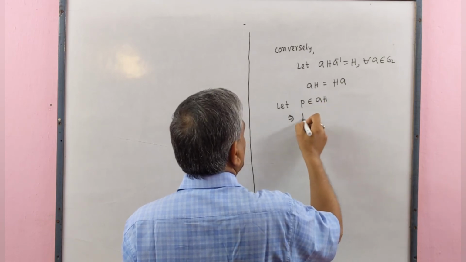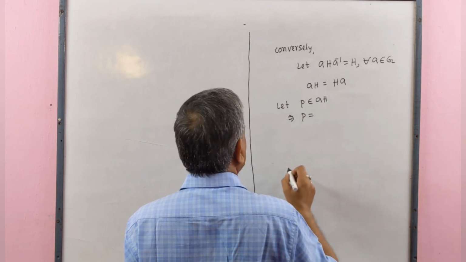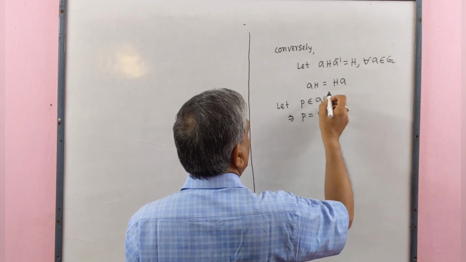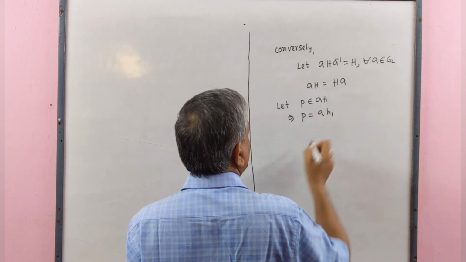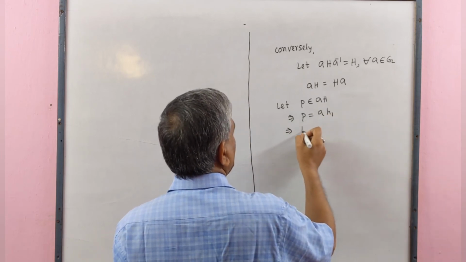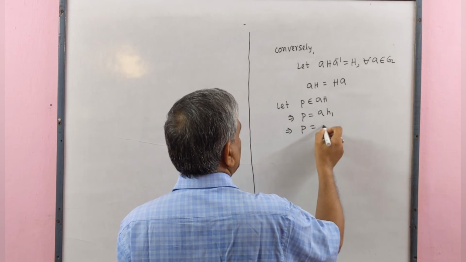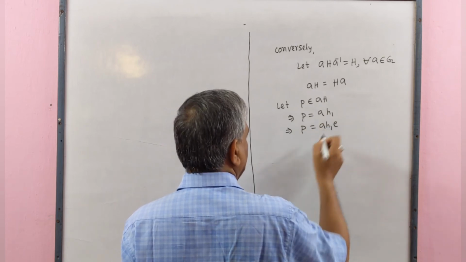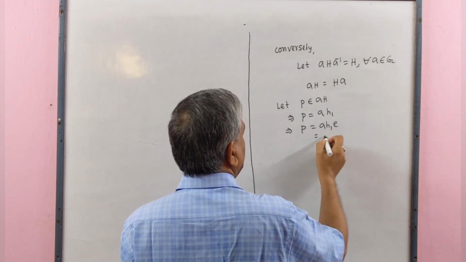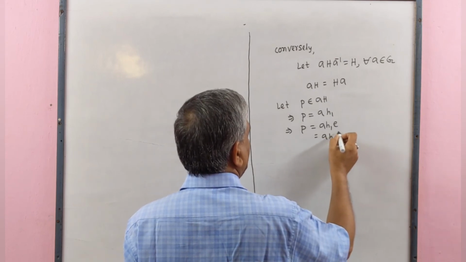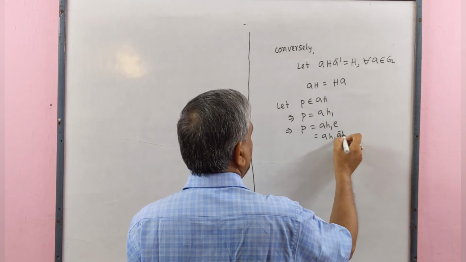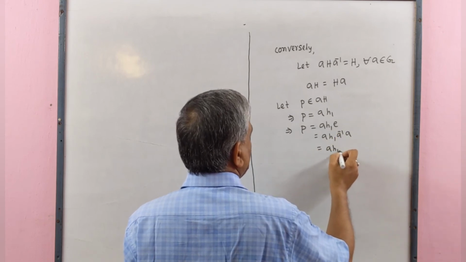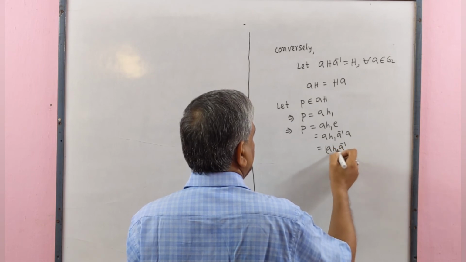This implies that P equals AH1, which implies that P equals AH1E, where E is the identity element. We may write this as AH1 A inverse A, that is, (AH1A inverse) A.